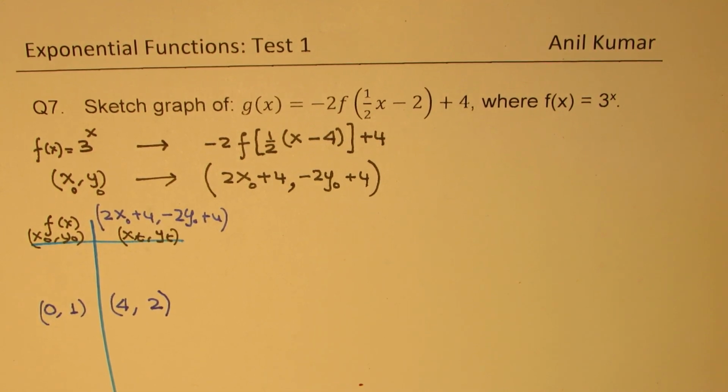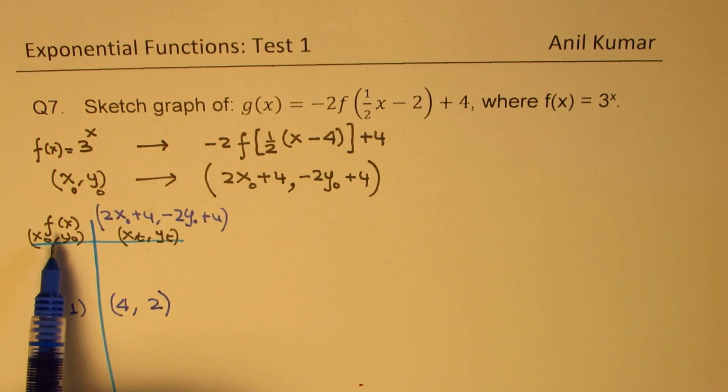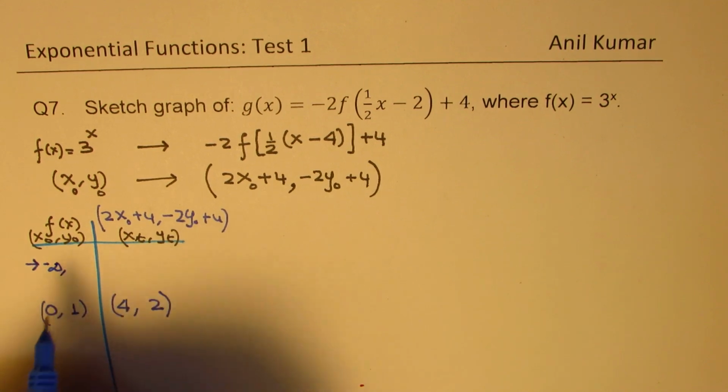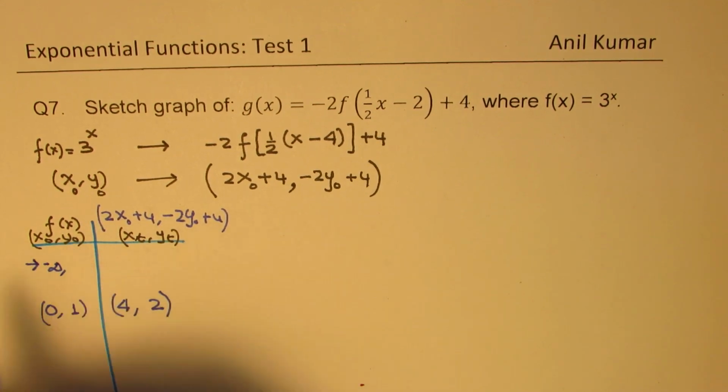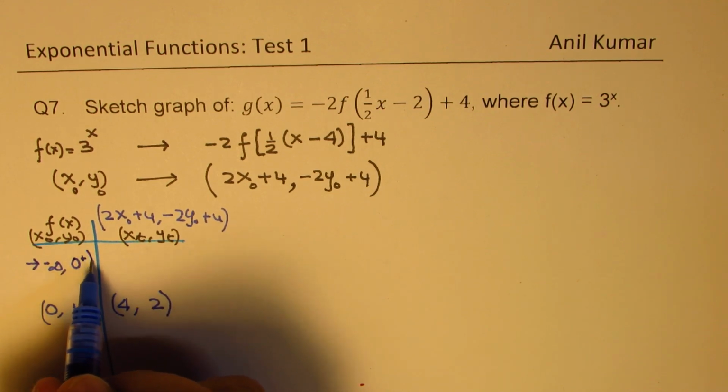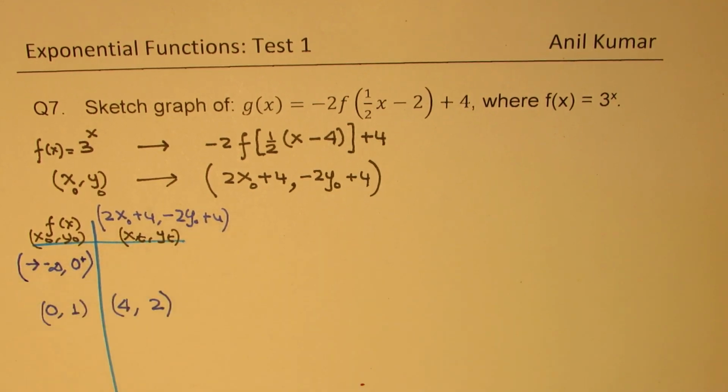Now the next important point to consider is the asymptote itself, which is when x approaches negative infinity. When x approaches negative infinity, y approaches 0 from above, correct? That is the horizontal asymptote. Clear?